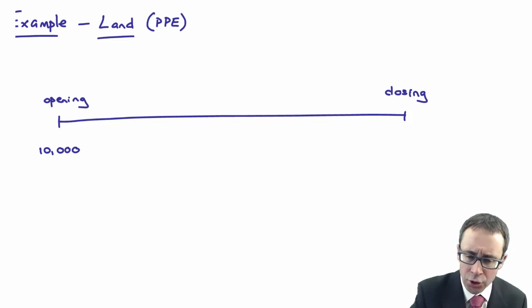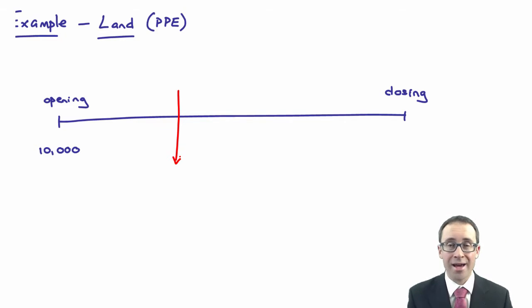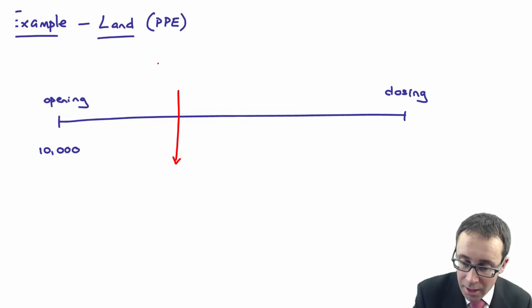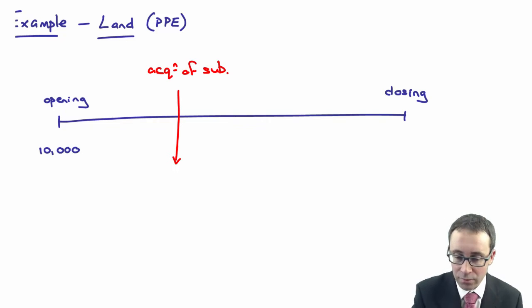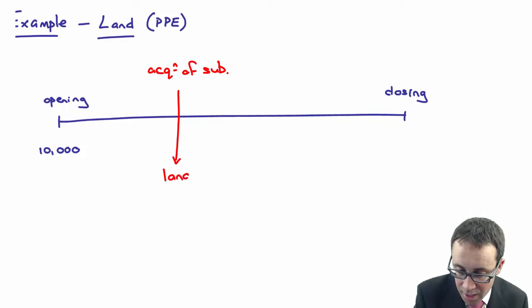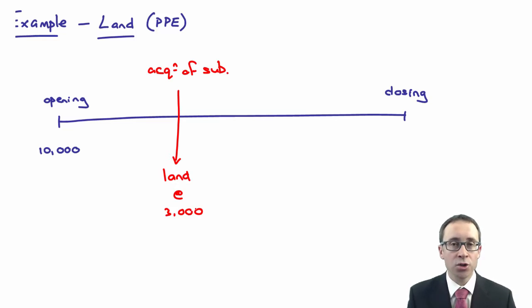But what has happened during the year, at any point in the year, early part, back end of the year, right in the middle, it's up to you, let's just say that we have the acquisition of a subsidiary. And when we have the acquisition of the subsidiary, that subsidiary has land at, shall we say, 3,000. So if we're trying to look at the purchase of land during the year.